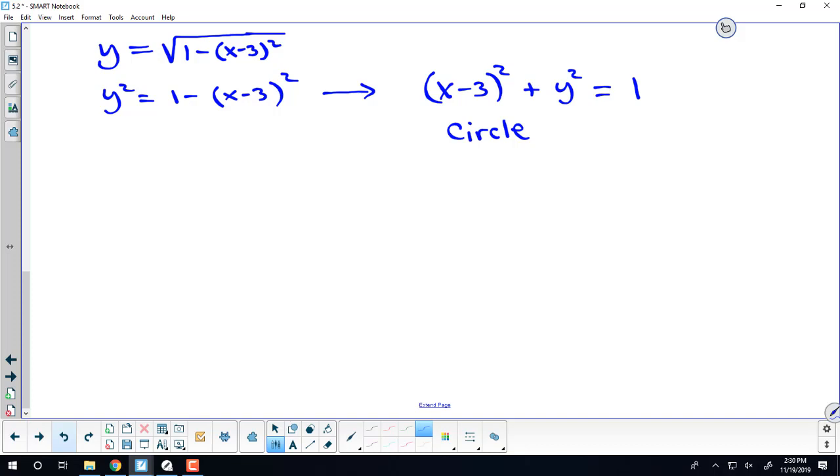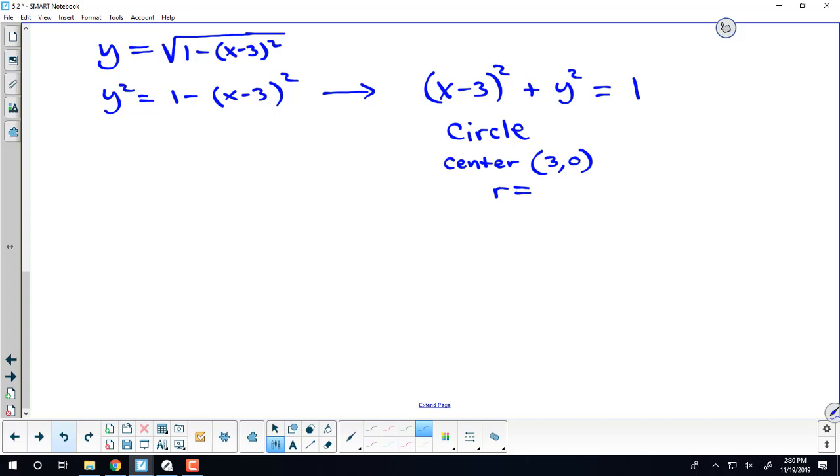So the whole circle just moves 3 units to the right. The center is (3, 0), and a radius of 3?